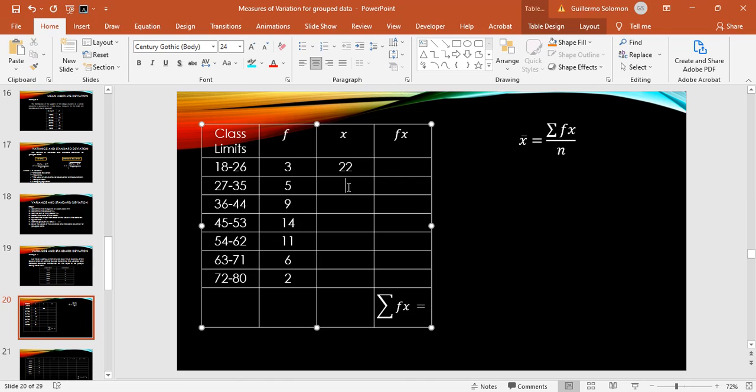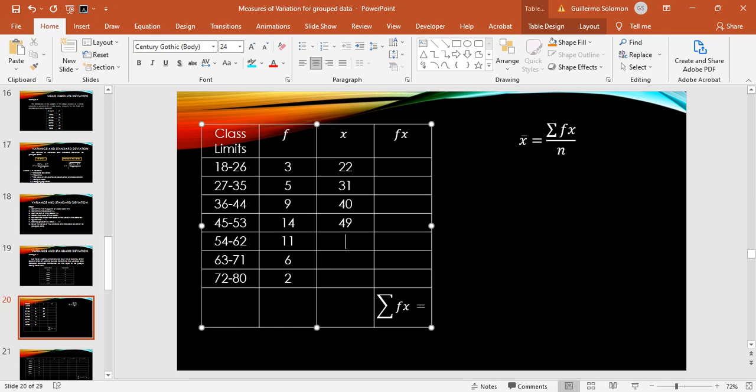And same dito, yung 27 plus 35, divide natin ng 2, that is 31. So next, 36 plus 44 divided by 2, that is 40. So 45 plus 53 divided by 2, that is 49.